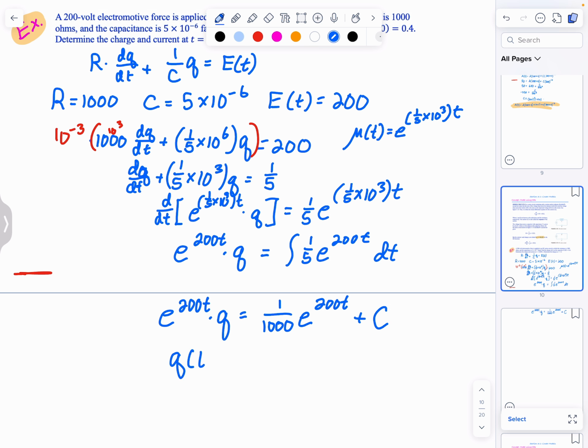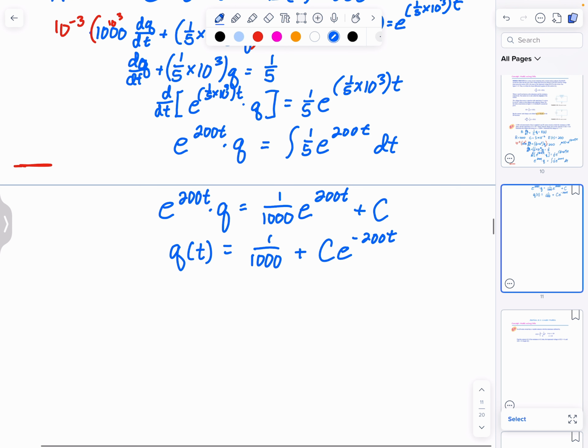Solving for q of t now. Q of t is 1/1000th plus c times e to the negative 200t. Okay, and then remember that we have I, so if that's q, I of t is just dq dt.